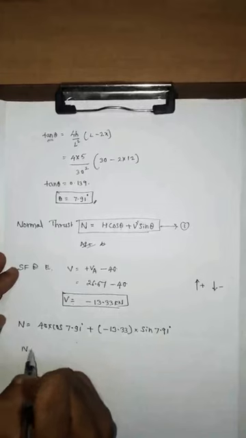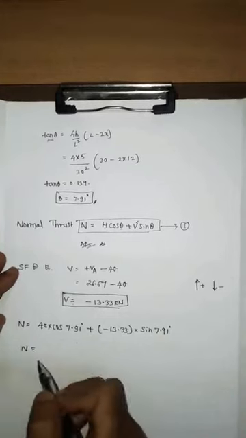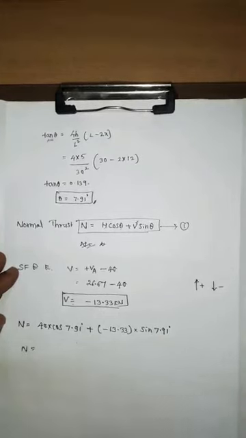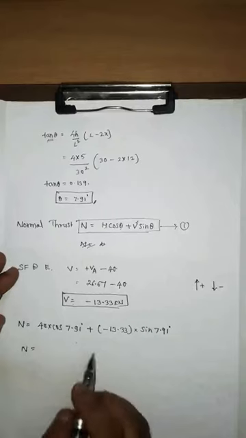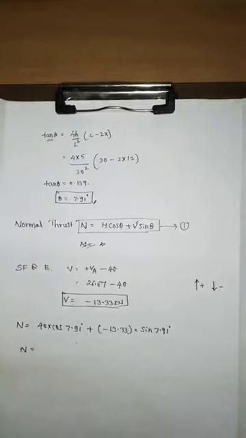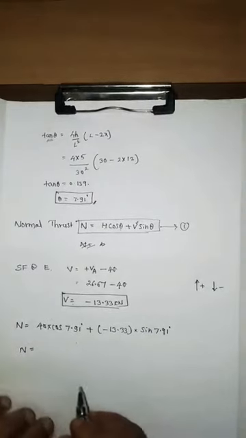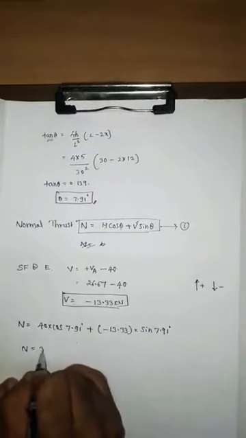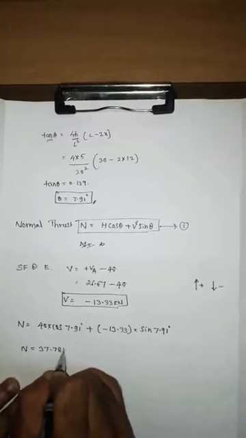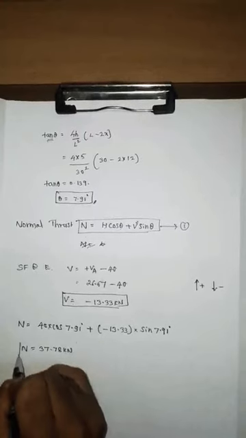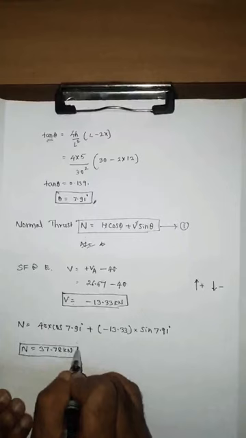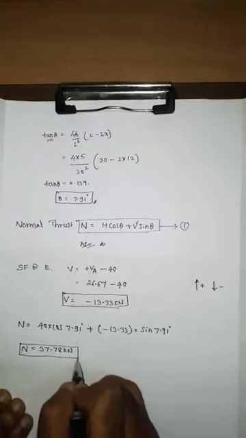After calculating, we'll get N equal to 37.78 kilonewton. This is the normal thrust. It is nothing but the perpendicular force at point E.